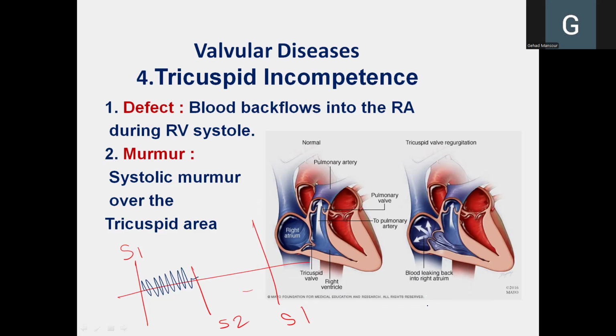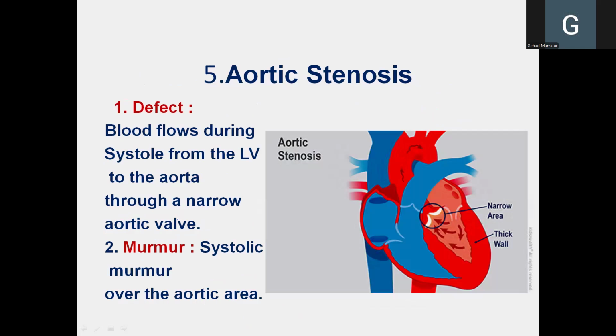So they are both heard between S1 and S2, and they are both systolic murmurs. The only difference, again, is the location where you will best hear them. Since here we are talking about the tricuspid valve, they will be best heard over the tricuspid area.